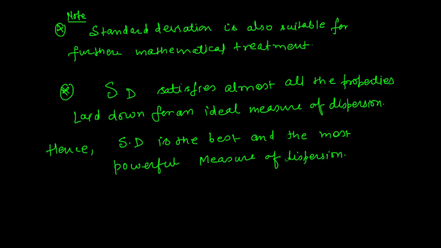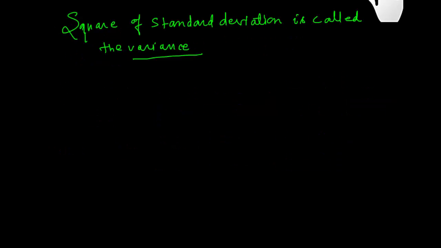So now we will talk about the square of standard deviation, which is called variance. When you square the standard deviation, you get variance, which is given by, as we know sigma is the standard deviation, so squaring it gives sigma square.